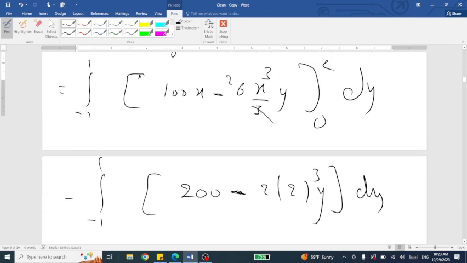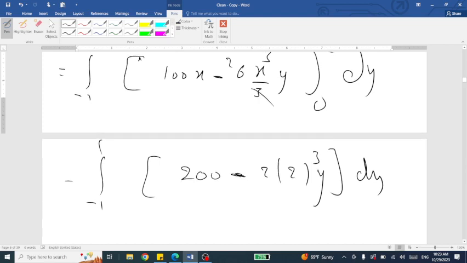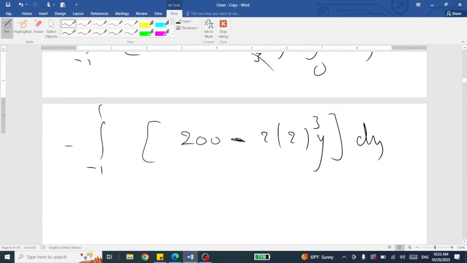All right. What else? Just number. 2 cube is 8, 8 multiply by 2 is 16.